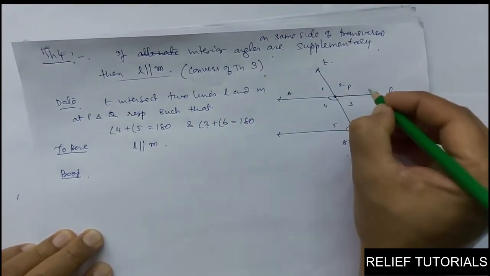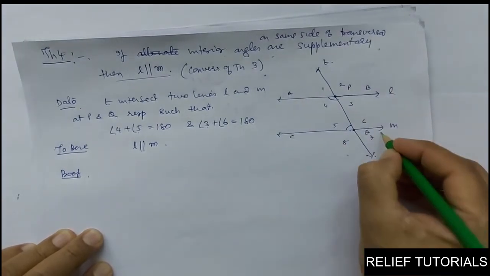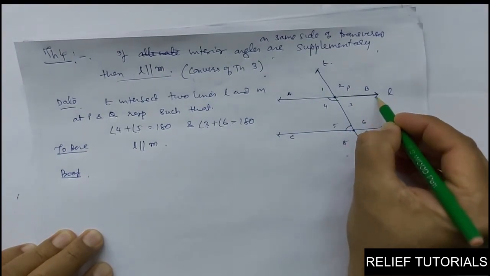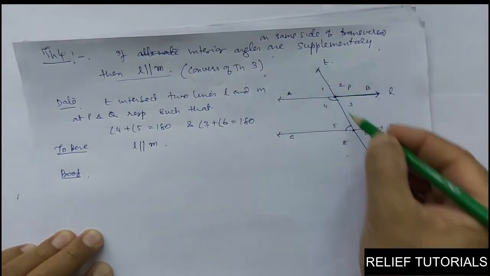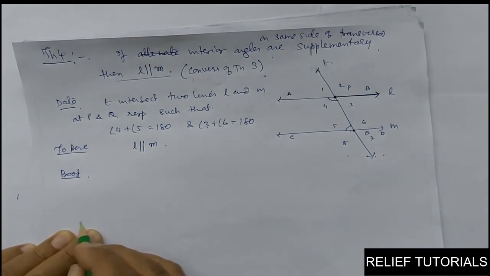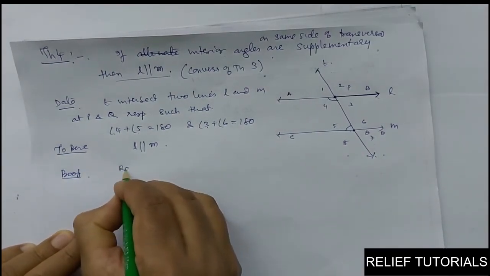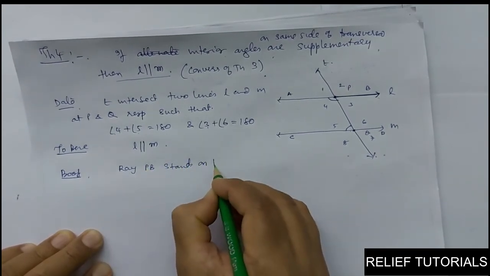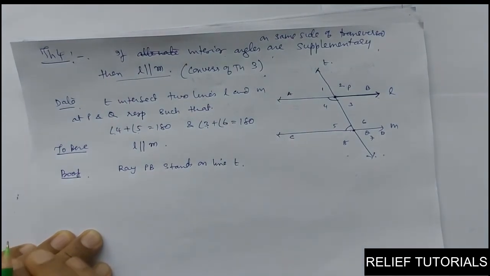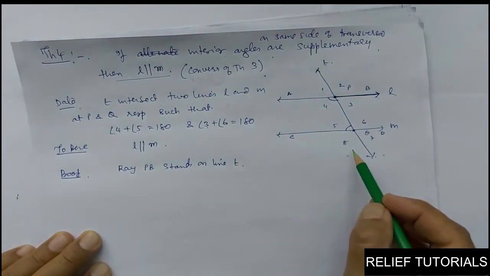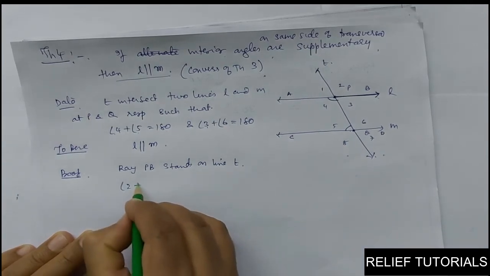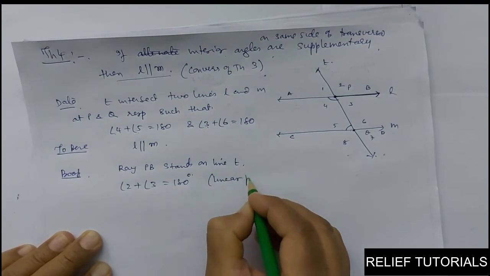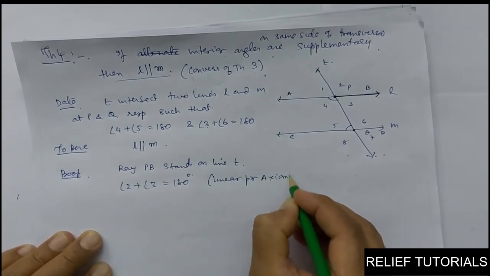I will take a few points here: A, B, C and D. So I can say ray PB stands on line T. If ray PB stands on line T, then I can say angle 2 plus angle 3 is equal to 180 degrees. Reason: linear pair axiom.